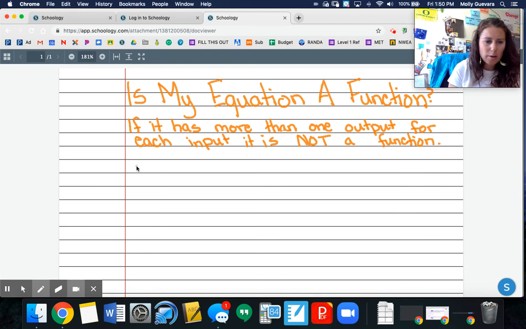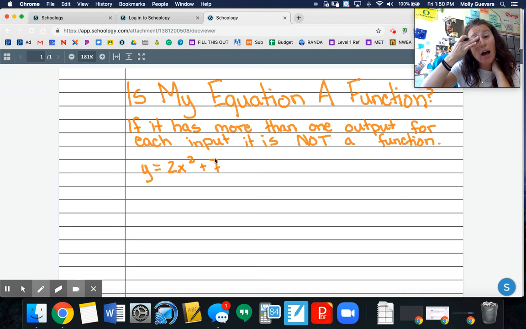So let's look at a couple examples here. So y equals 2x squared plus 7. Notice that I have y equals because I don't know if this is a function. I can't write f of x until I know that it's a function. So if you don't know, we could just plug in a number.